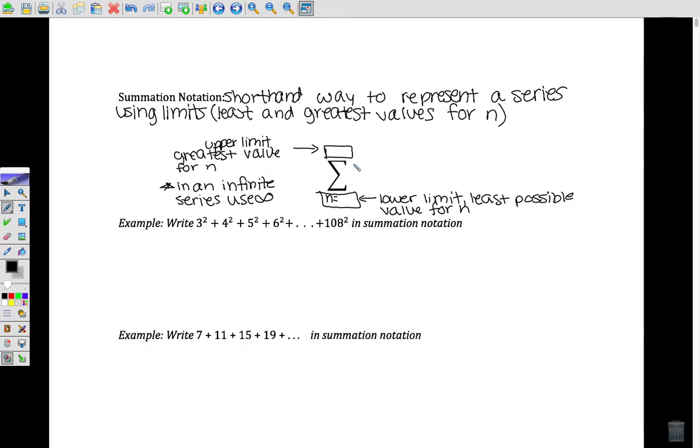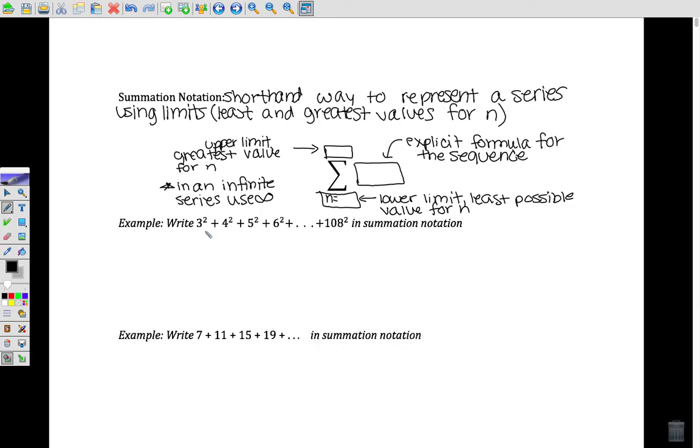The last part of this notation is whatever we put right here. This is just the explicit formula for the sequence. How can we figure out what each term is that we need to add together based on what n is?